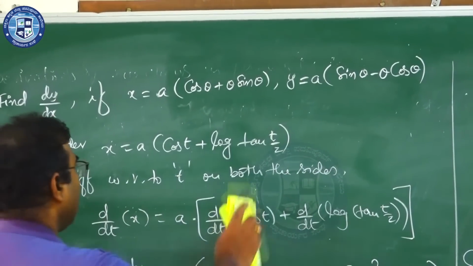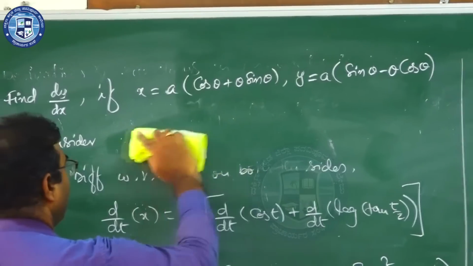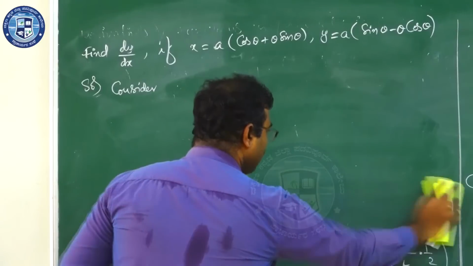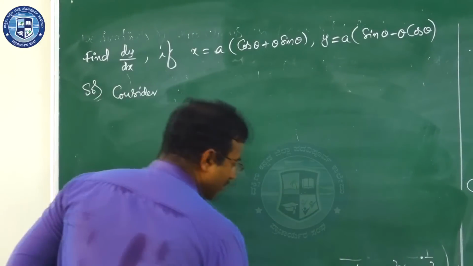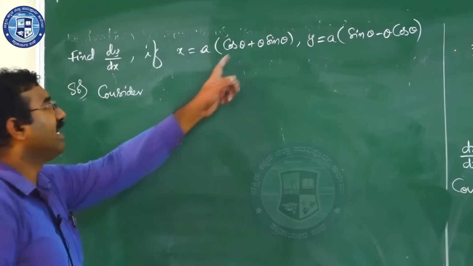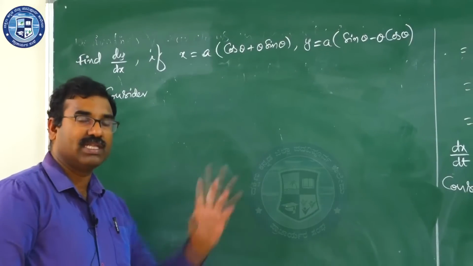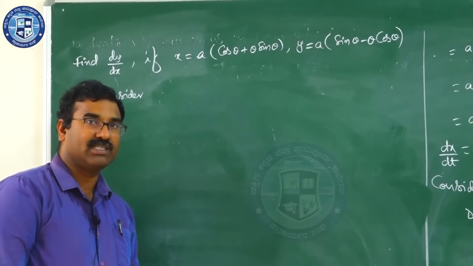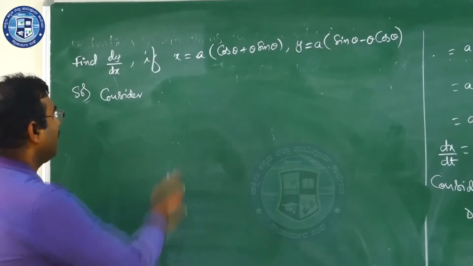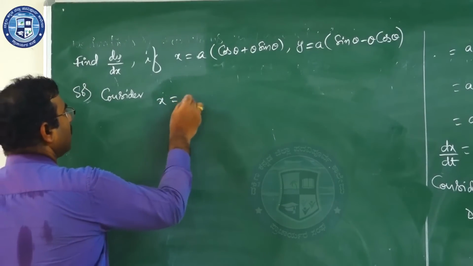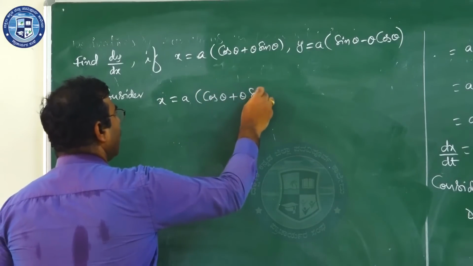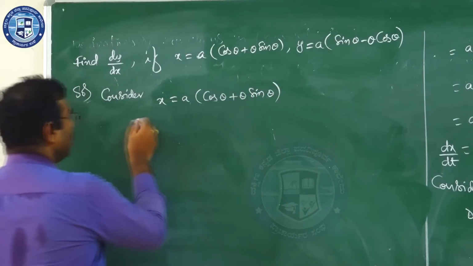Same way we will consider x and then we differentiate with respect to what now? With respect to what we have to differentiate it, because here it is in terms of theta. So that is why we differentiate with respect to theta on both the sides. So we consider x is equal to a into cos theta plus theta sin theta.